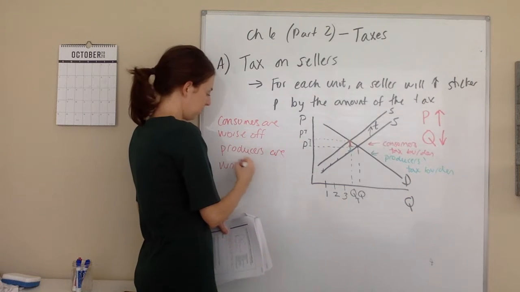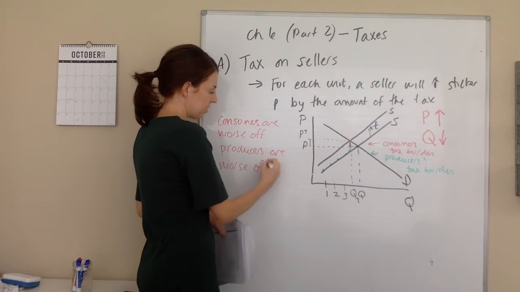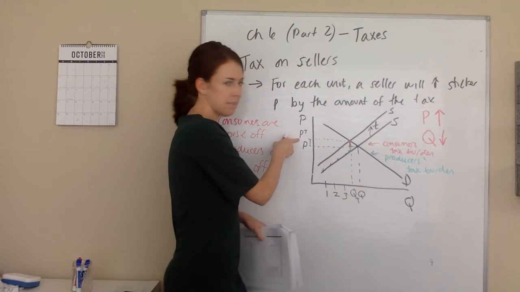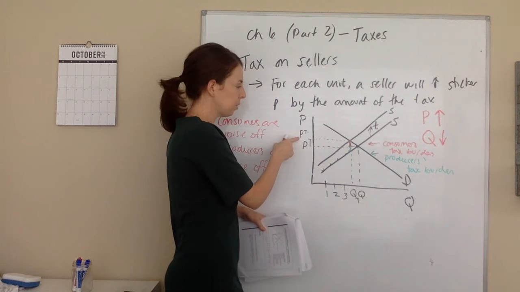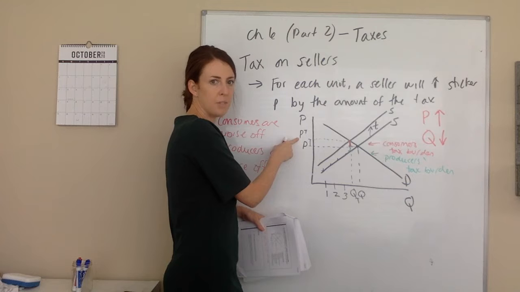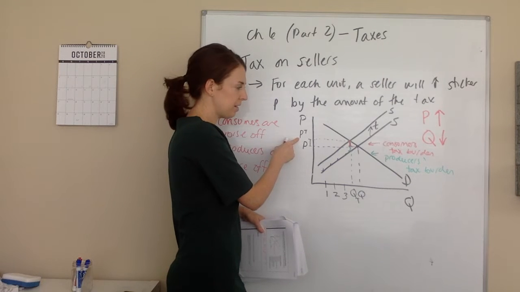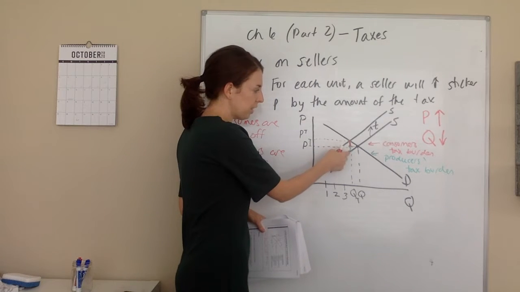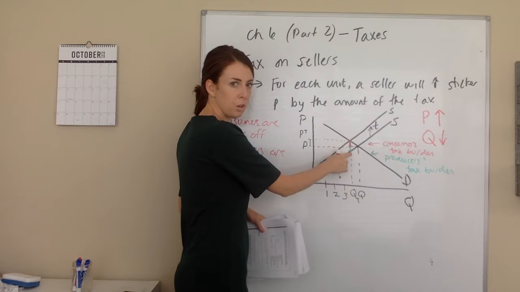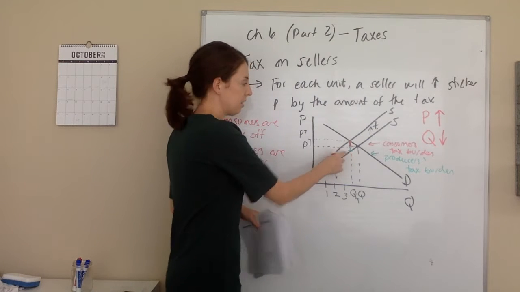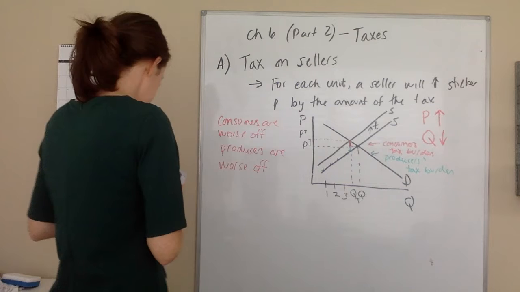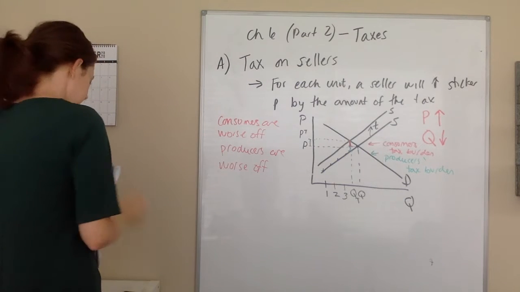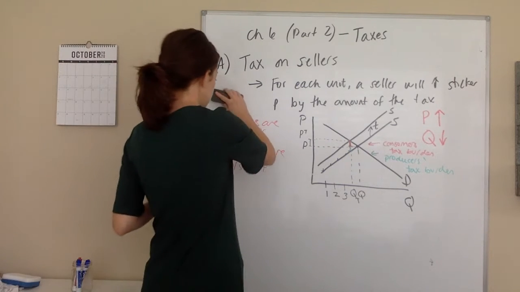The reason they're worse off is because although the equilibrium price has increased, the increase isn't large enough to offset the extra amount of money that they have to pay in taxes. So this little green leg is the amount of money per bottle of Coca-Cola that they're now losing because of the tax. Okay, so this is the scenario when the tax is levied on sellers.